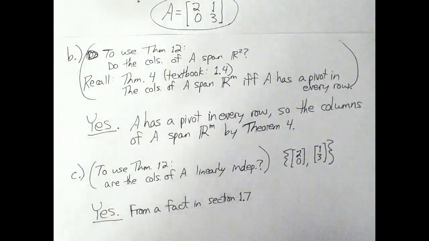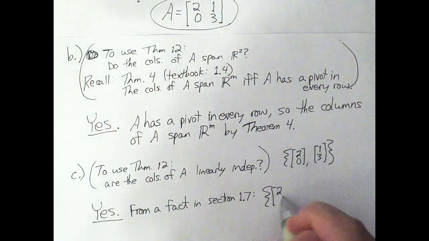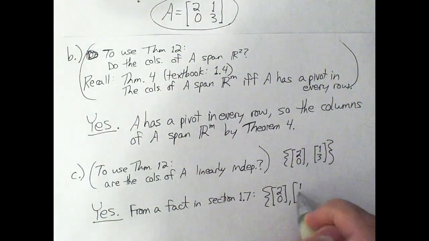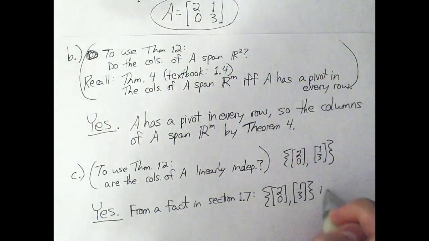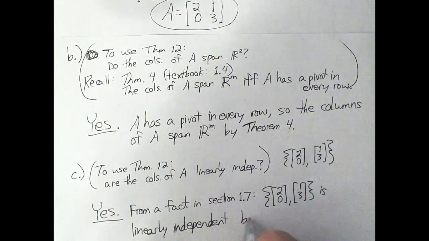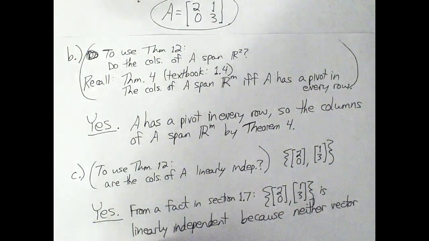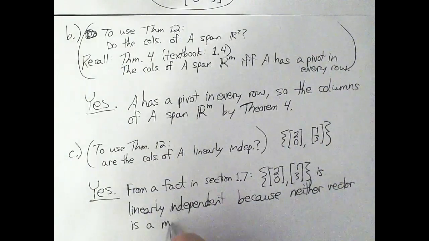So it was a fact from our lesson on linear independence, and it says that this set is linearly independent because neither vector is a multiple of the other.